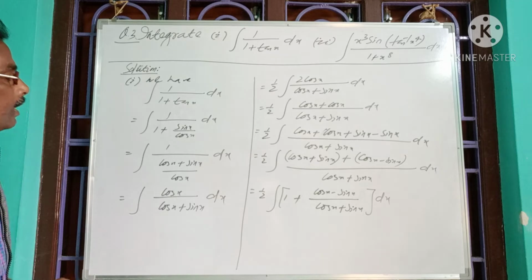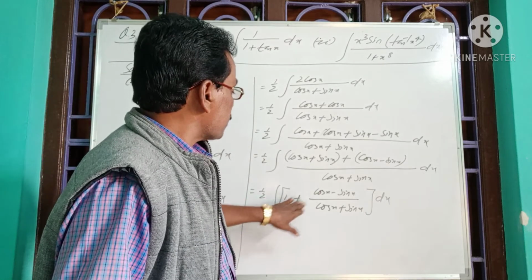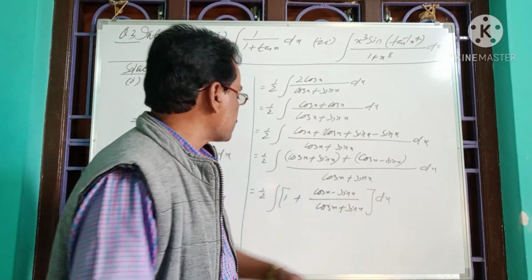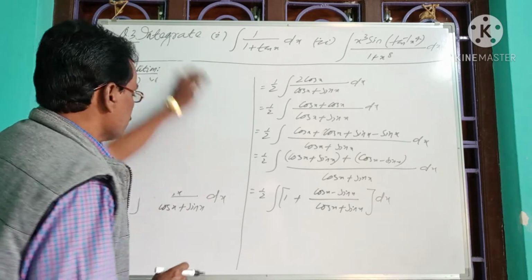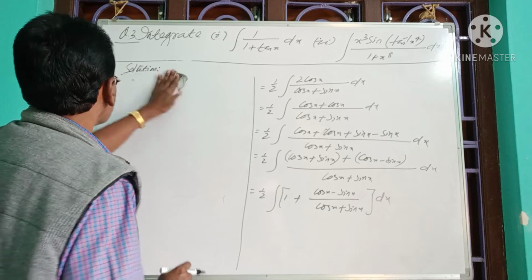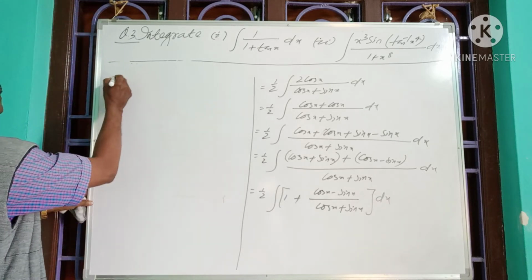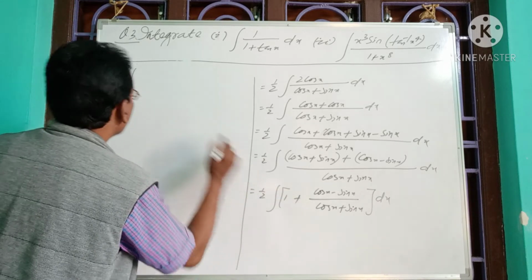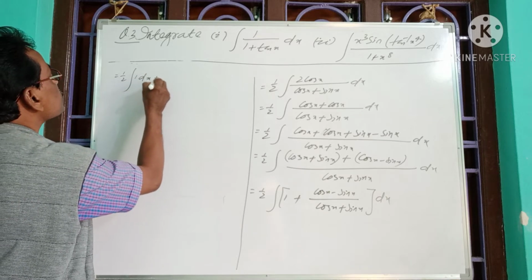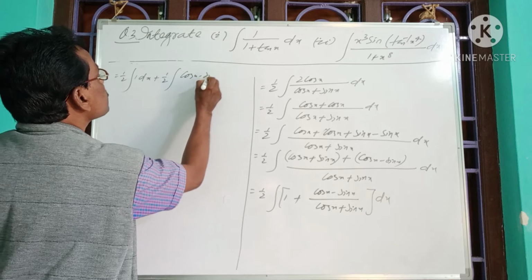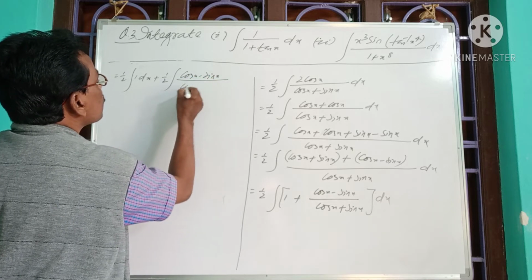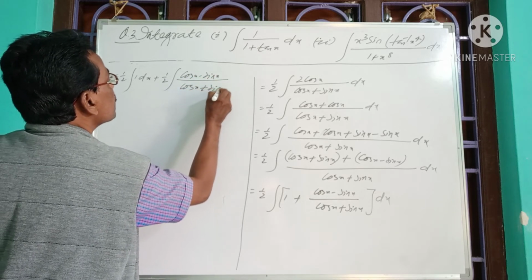Again transforming into another form, we have half into integration of 1 with respect to x plus half into integration of cos x minus sin x by cos x plus sin x with respect to x.